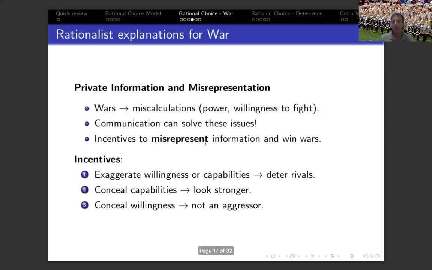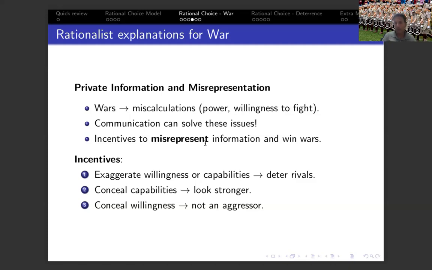What are these incentives? So there are three overall incentives in this case. States want to enjoy the benefits of winning a war or resolving a dispute in their favor. So they may exaggerate their willingness to fight or their capabilities, hoping to deter their challengers or their rivals and persuade them to make concessions.